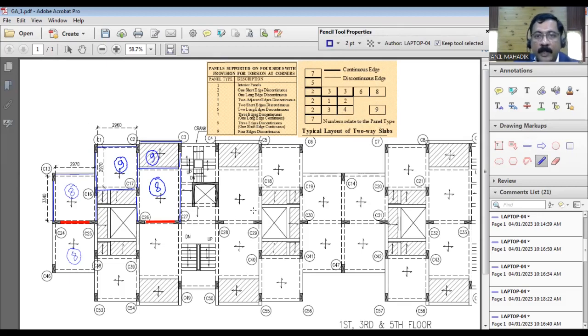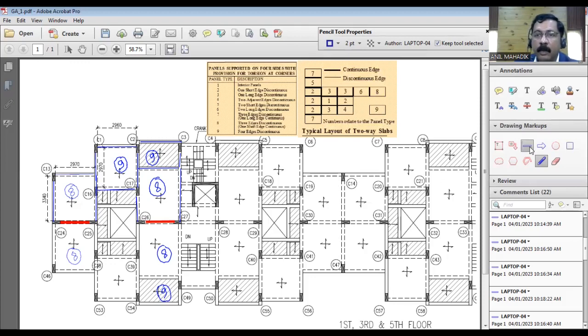Okay, now let's take one other example. Let's take this slab. All others are symmetric, so this will be again 8. This will be 9, because many times in residential buildings we have flats which are mirrored or similar flats there.